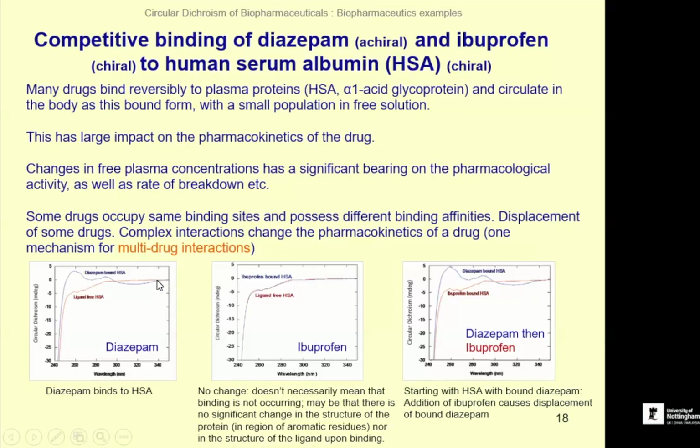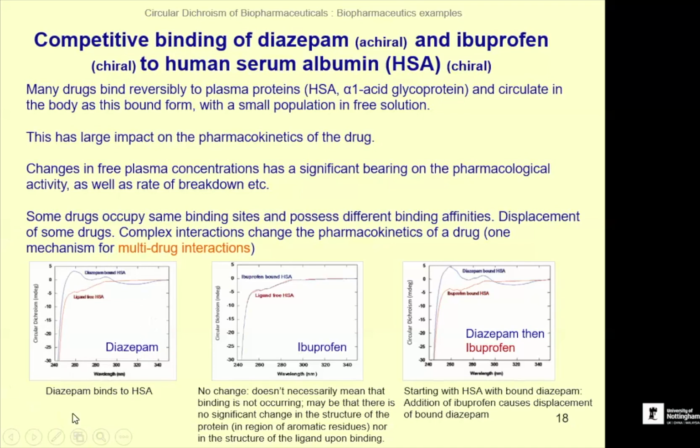So what you're reporting on here is what's happening to HSA, structurally speaking, the aromatics anyway, in the near UV region. When diazepam binds to it, there is a change in the side chains of the aromatics that is sufficient to see a change in the spectrum. And that's what you see with the blue spectral line, the change in the HSA upon diazepam binding.